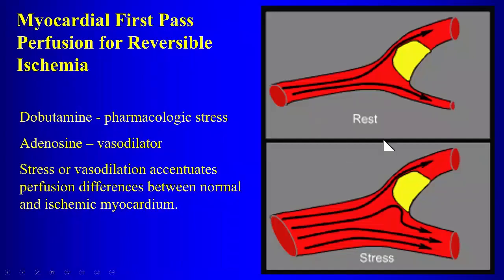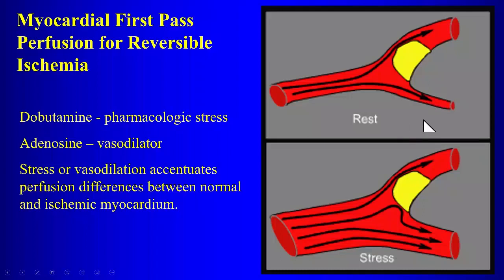Okay? So the idea here is that if you have a tight lesion, there's already maximal vasodilation distal to the lesion. So at rest, the perfusion of the ischemic myocardium will be the same as the perfusion of the normal myocardium.